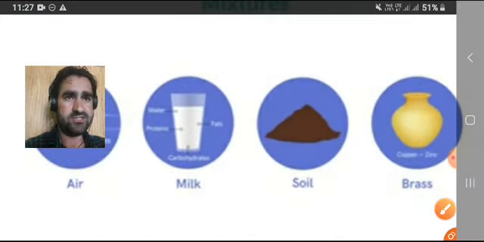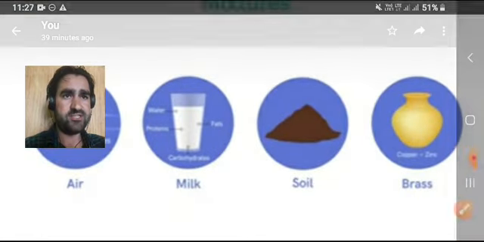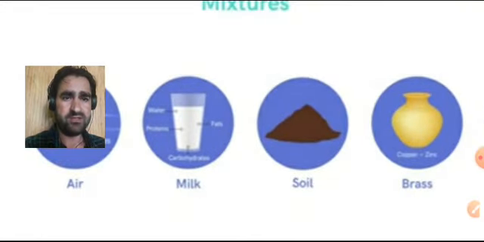So let us try to understand. As I told you, most of the things that we see in our surroundings are mixtures. Like air is a mixture of gases. Milk that we see constitutes water, proteins, carbohydrates and fats.